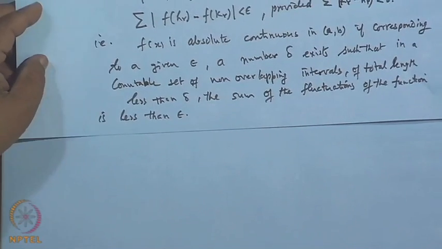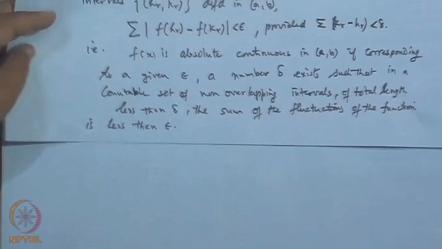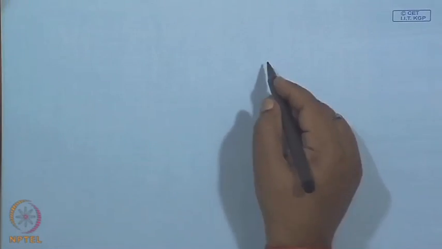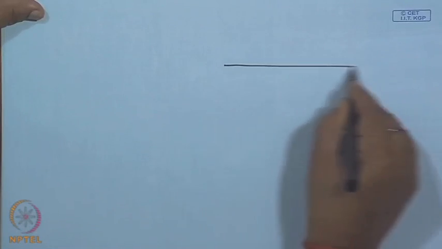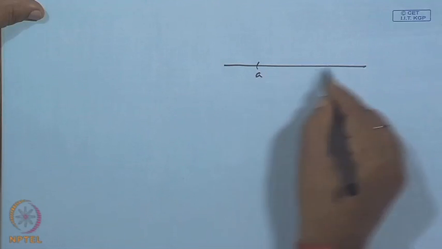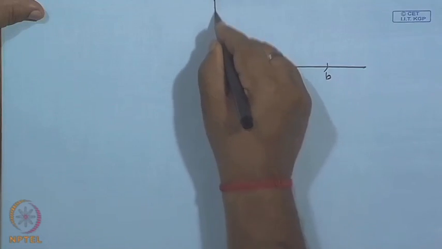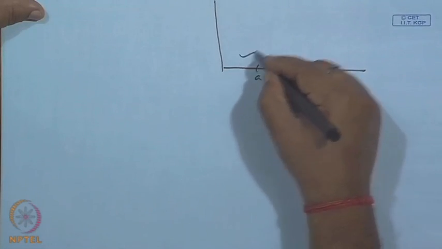So, let us see what is the meaning of this. Suppose we have an interval a b and a function f is given.